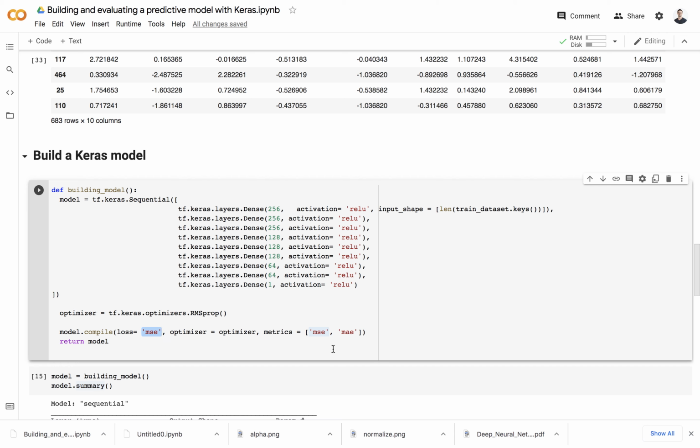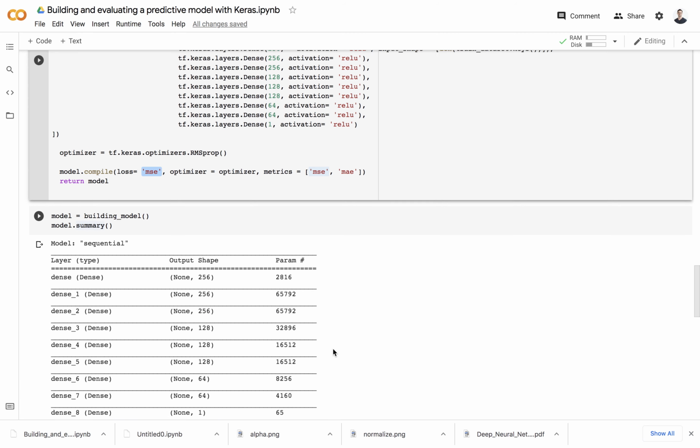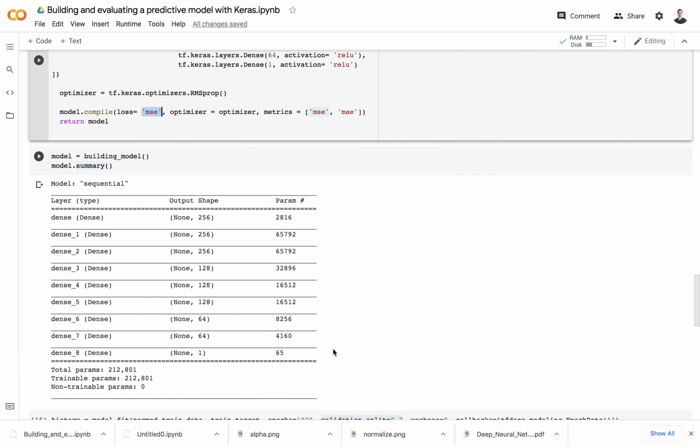For my metrics, I have used MSE and mean absolute error. Here is the model summary, and there are 212,801 parameters to be trained. This is a huge model, and it takes some time to train.